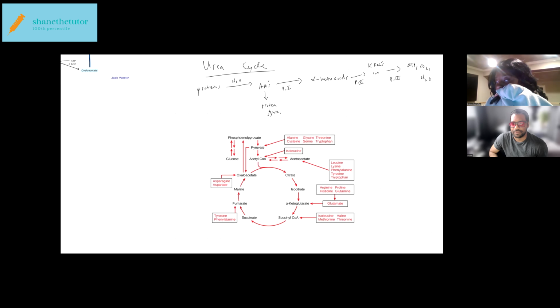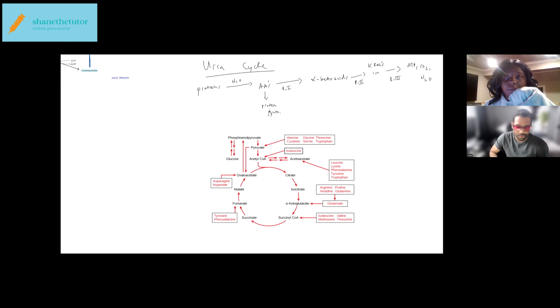If it's a longer sugar, then that can work too. If it's amino acids, those can also, and same thing with fats. They'll break apart into things just so they can enter into the Krebs cycle, just so they can go through the electron transport chain.